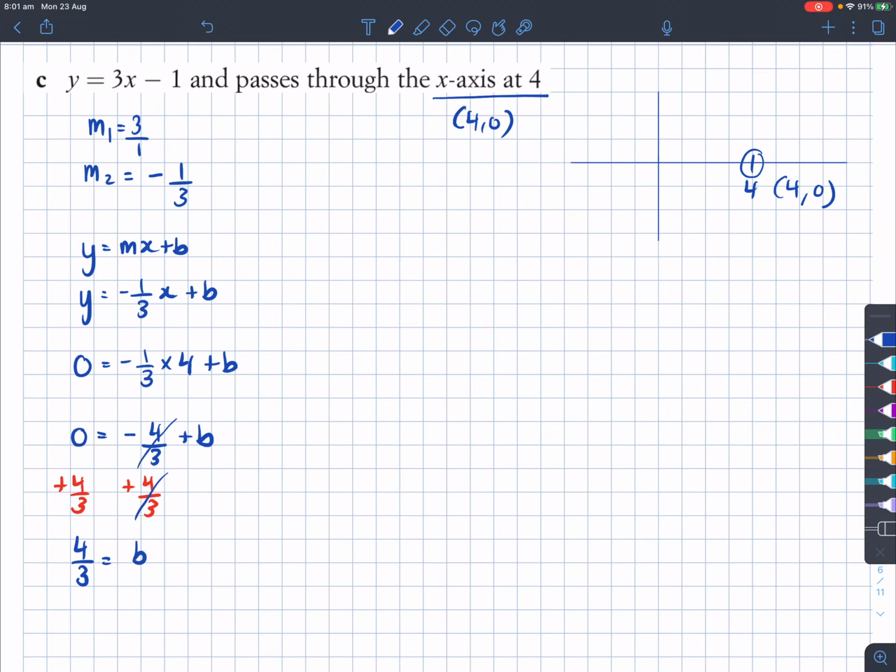So that's the second most important part, because now that we found that, we can substitute it back in here, and that lets us find the equation. So y equals -1/3 x plus 4 over 3. And that's our equation of the line that we need.